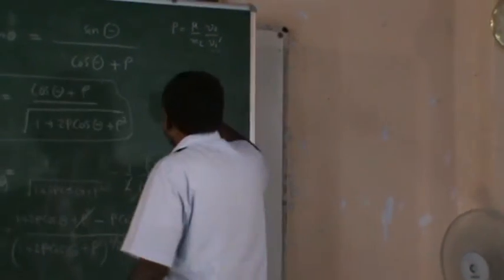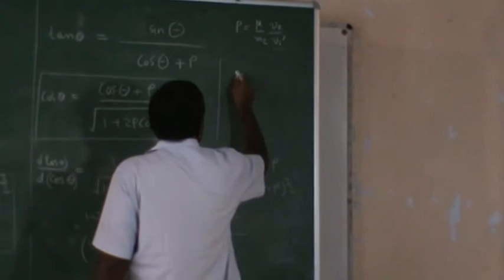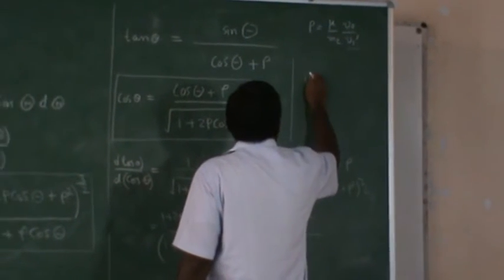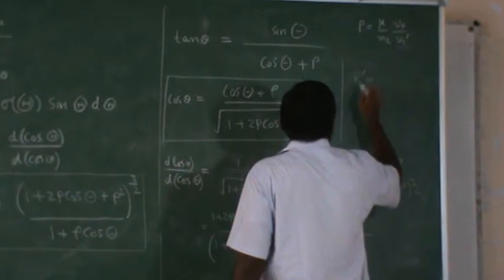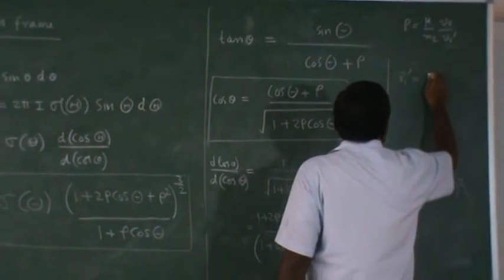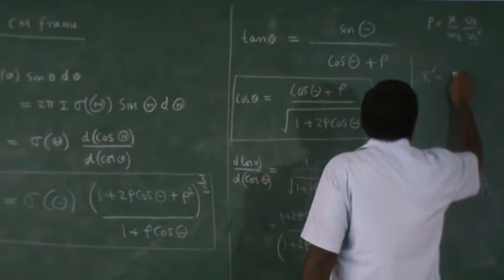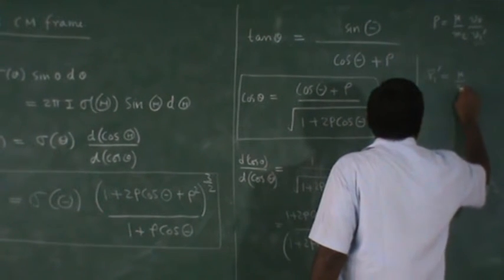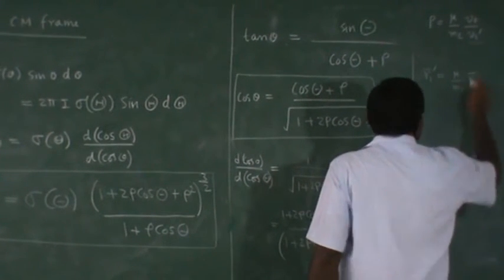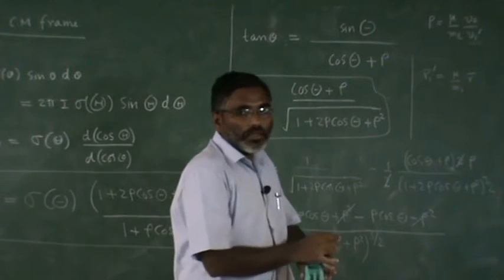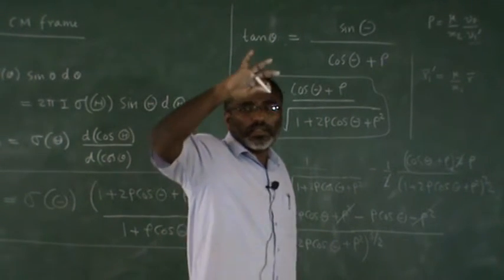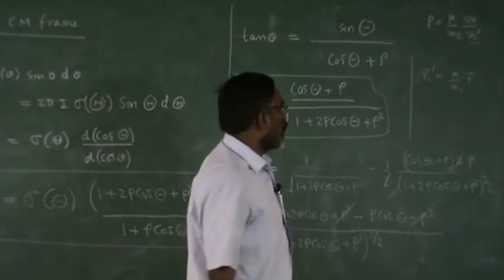And now we know earlier we had shown that r1 prime is equal to mu by m1 into relative velocity r. Correct? When we reduced the two body to one body, we showed this.